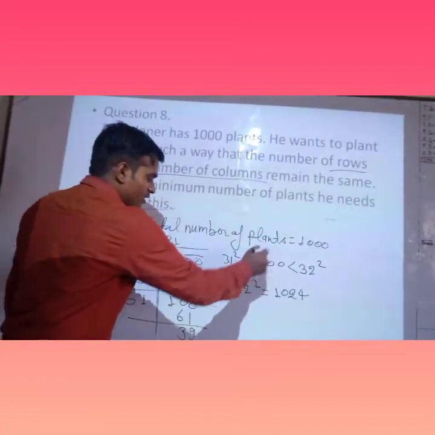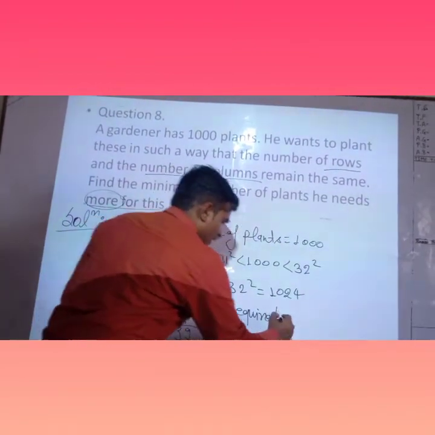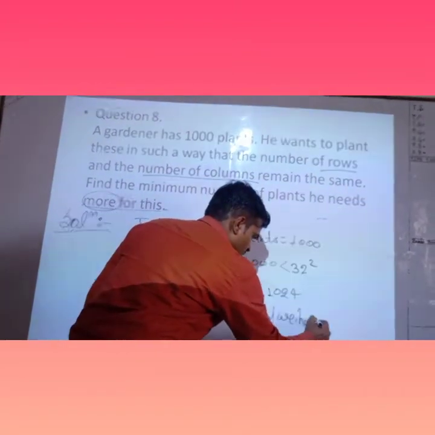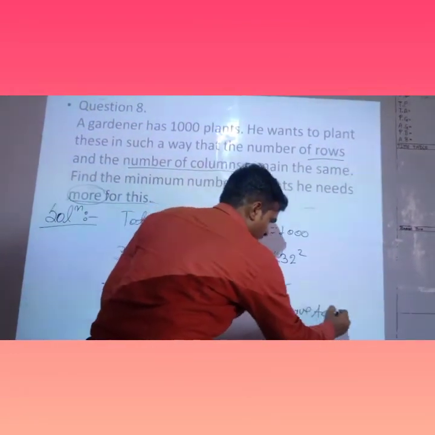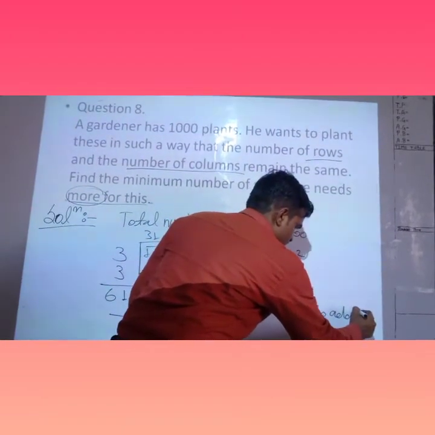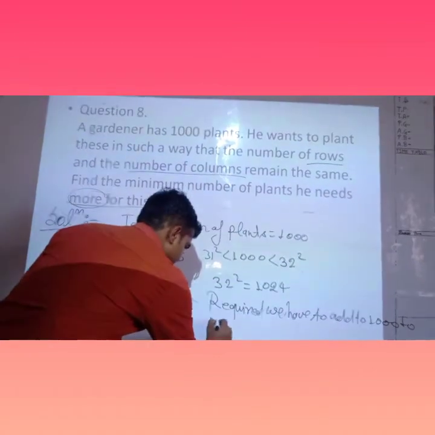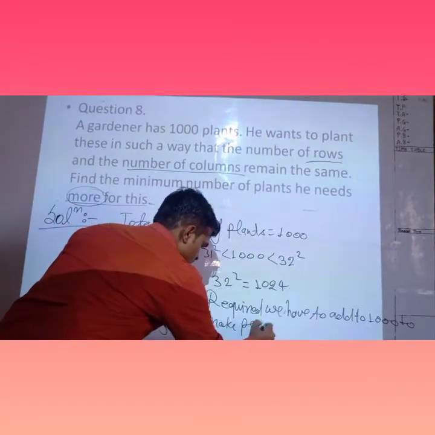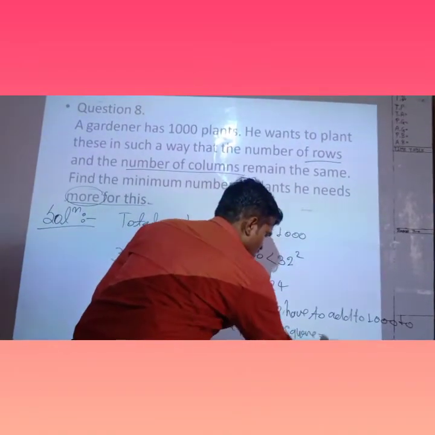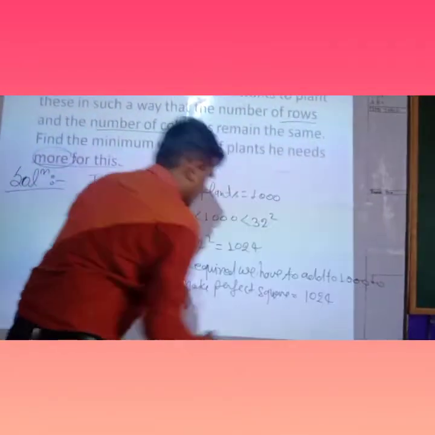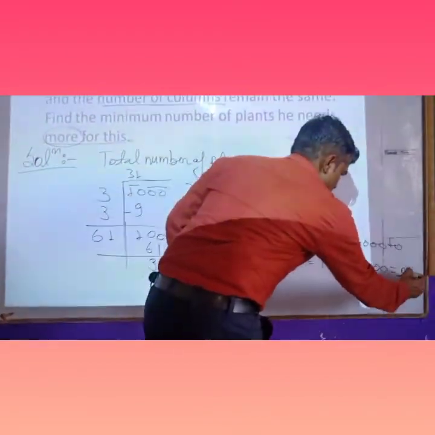Okay, so we make 1000 a perfect square. The required number we have to add to 1000 to make a perfect square is equal to 1024 minus 1000, that is 24.